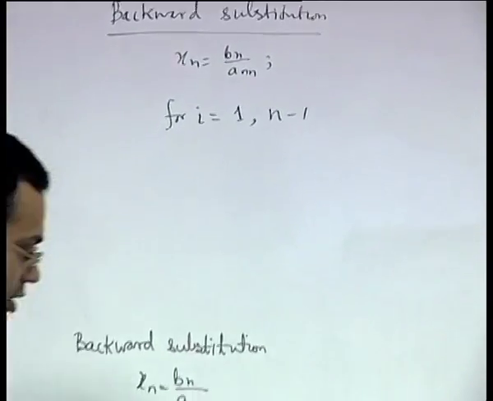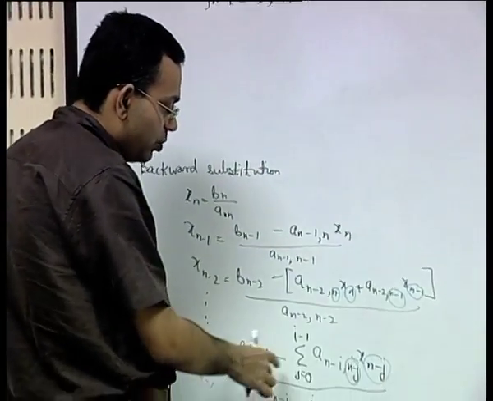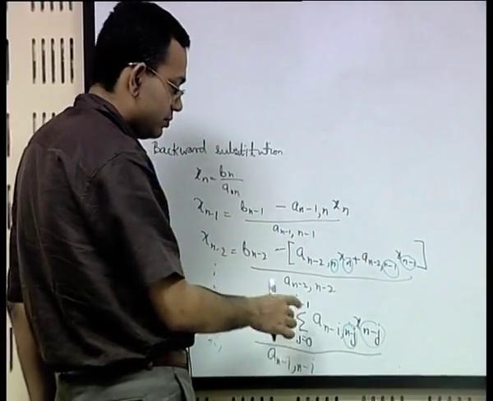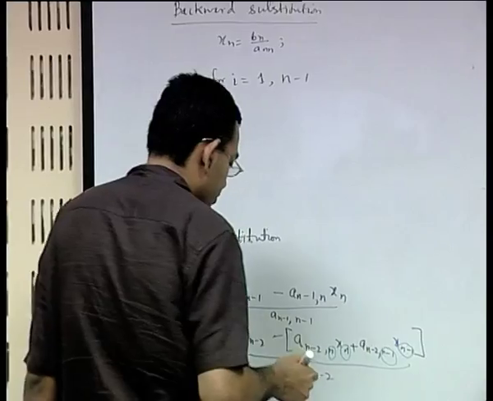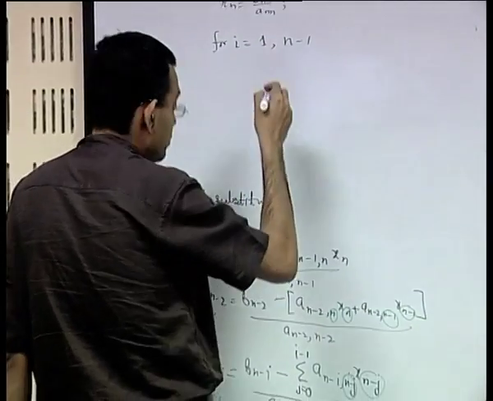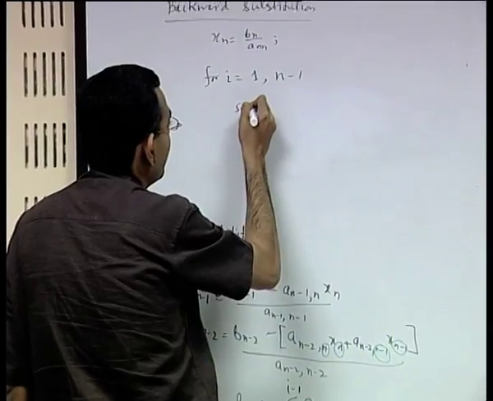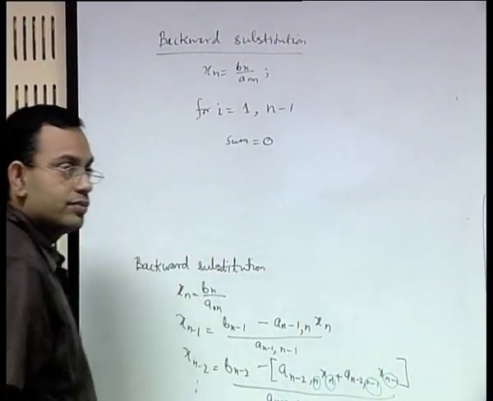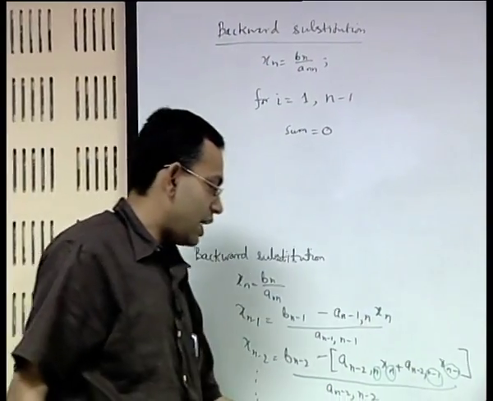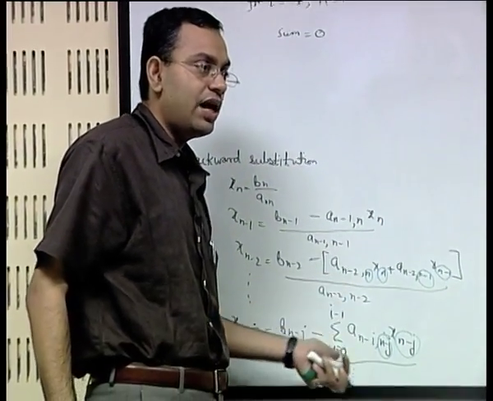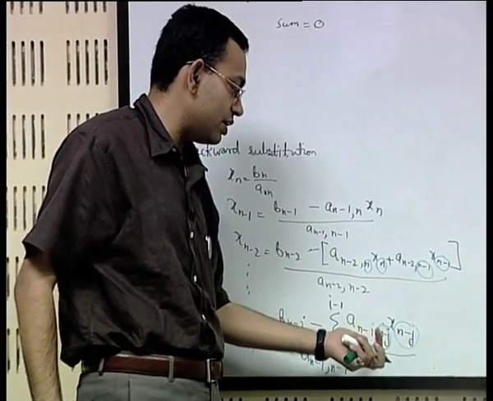then to implement this formula you require this summation calculation. So, you can write sum equal to 0, and then you add on with the variable sum to calculate this one.